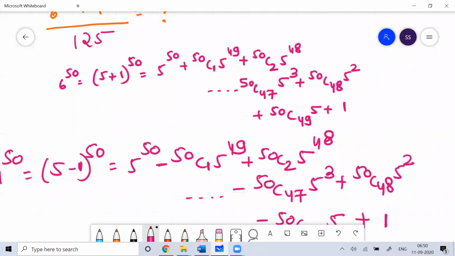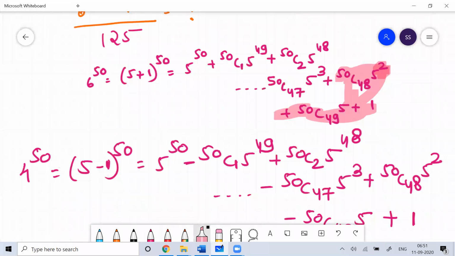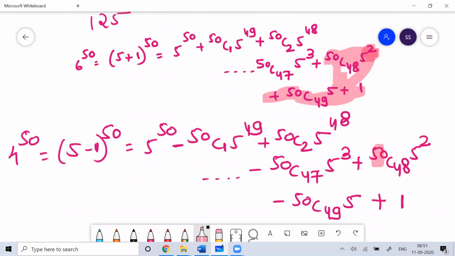Okay, so ultimately if you add them, what matters to you for calculation purpose is this. If you add them, now you can notice this and this will get cancelled.